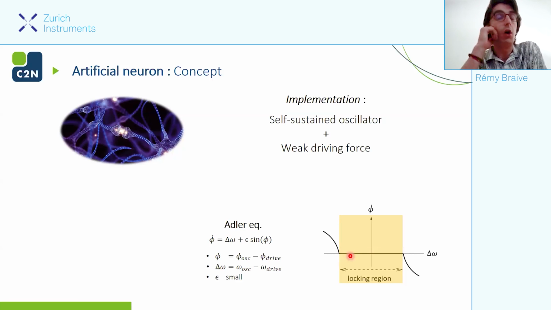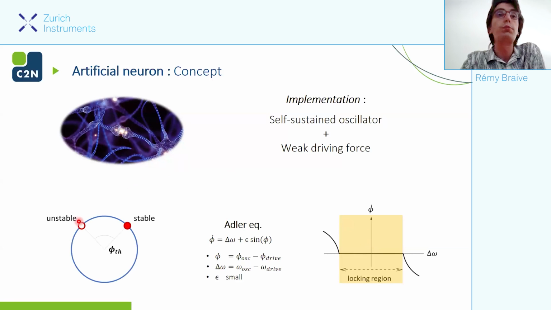And you see that we have already this kind of response for our system. But what I would like to do is to take advantage of this, but to shift a little bit the representation, because with this locking region, we can put it in a slightly different way, creating two points, an unstable and a stable point.